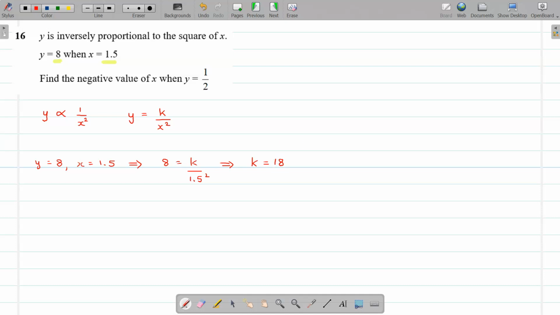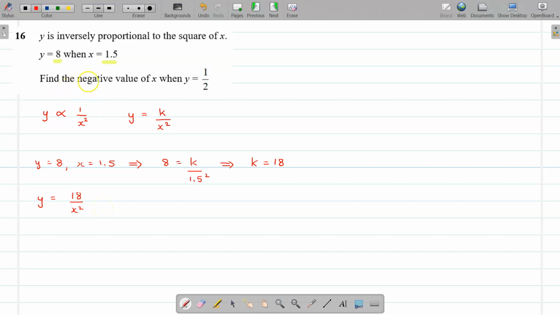Yes, 8 plus 8 is 16 plus a quarter of 8, 18. So k is 18. So I now write my equation of proportionality as y equals 18 over x squared, because I now know that k, the constant, is fixed at 18.